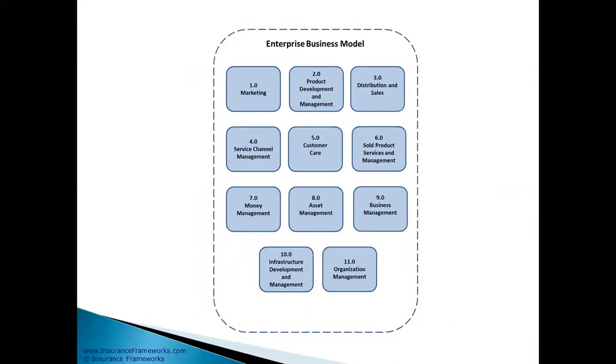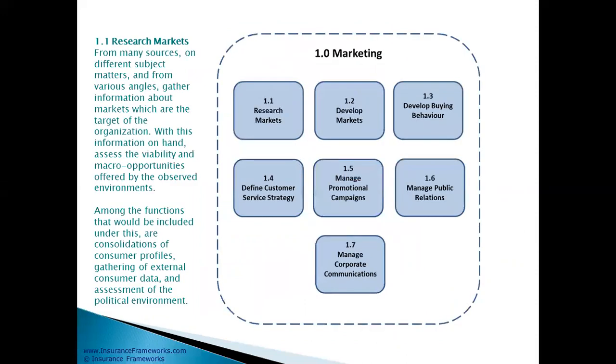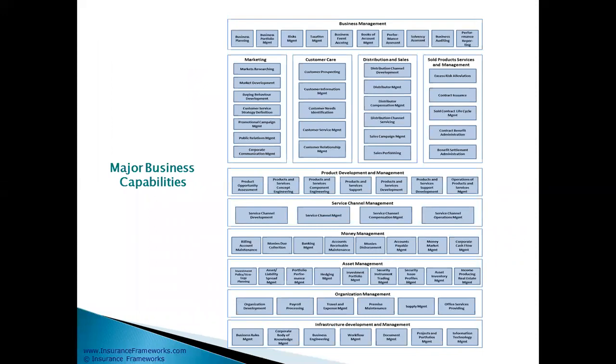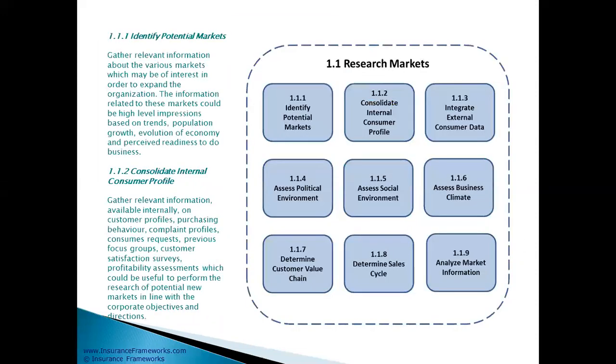As I said previously, there are 11 domains, and those domains are subdivided into major capabilities. Each one of those major capabilities has extensive definitions, and there's 75 of them. And if we go down to a more detailed level of granularity, we see 500 business capabilities or business functions that also have their definitions, and there's 500 and more.